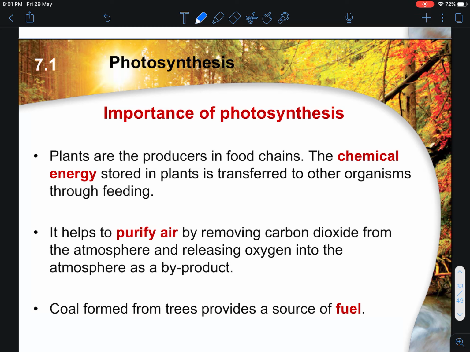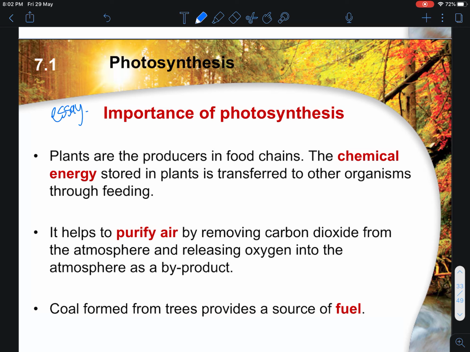This comes the second part. It's also another essay component in terms of importance. Why is photosynthesis important? Because plants are the only producers in the food chain, and they are the only ones able to convert light energy into chemical energy that can be stored in plants such that we can eat.